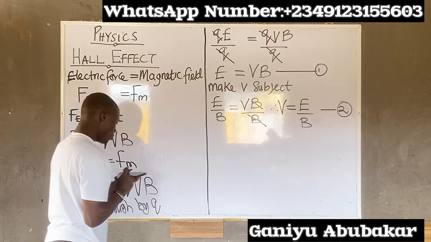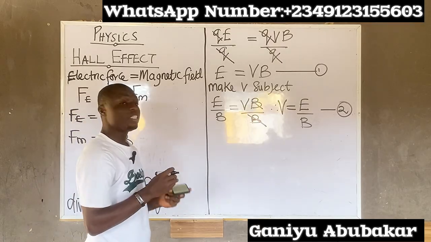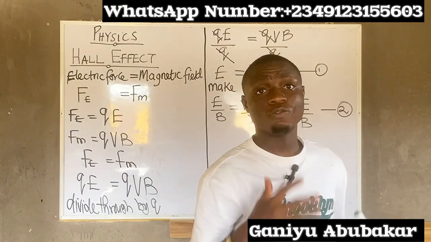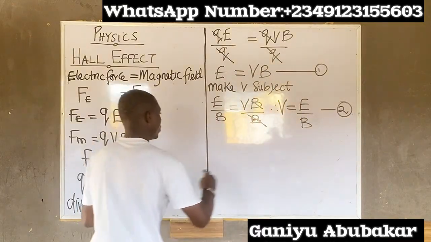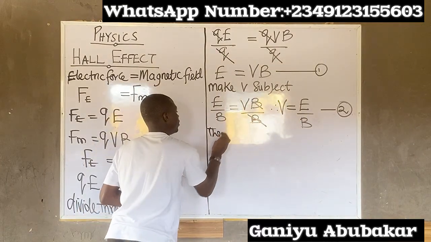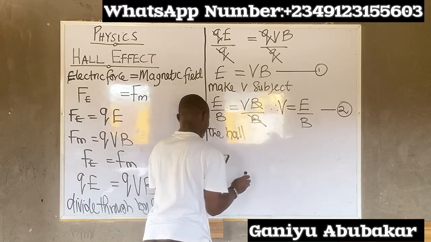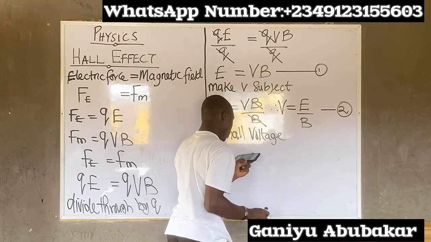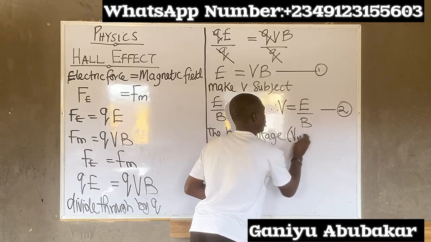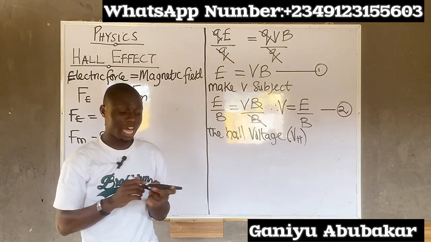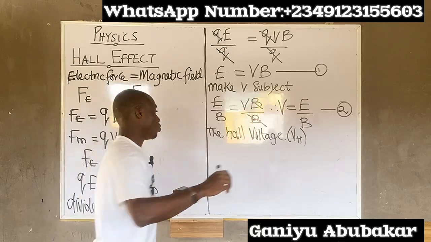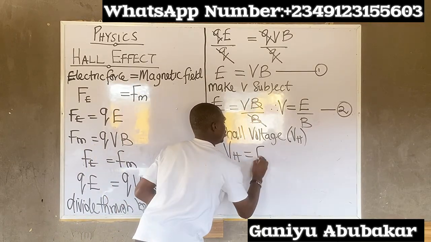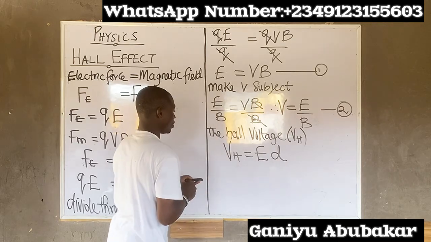What next? The next task is to apply the idea of Hall voltage. The Hall voltage, VH, is given by VH equal to Ed.